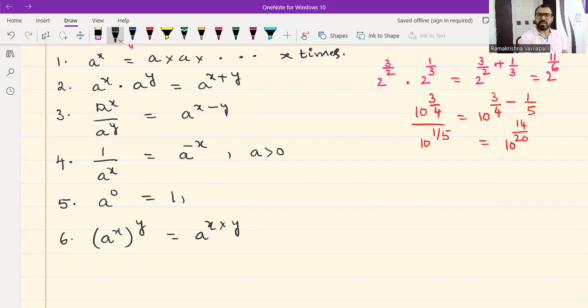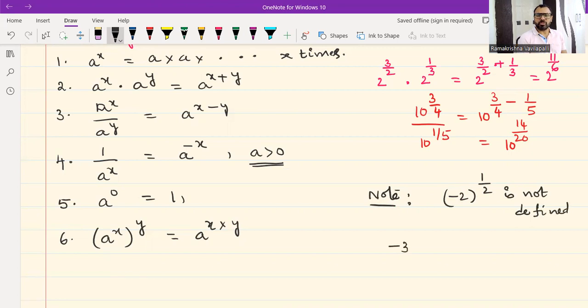So these exponential laws are valid only for a positive real number. Base must be positive here. Remember, x and y are any real numbers. So note, for example, (-2)^(1/2) is not defined.